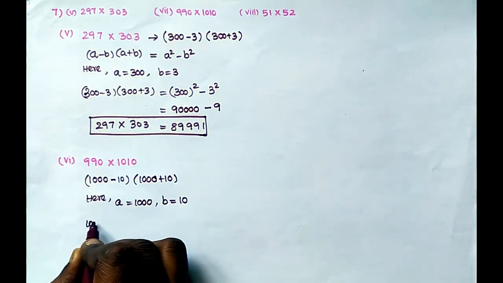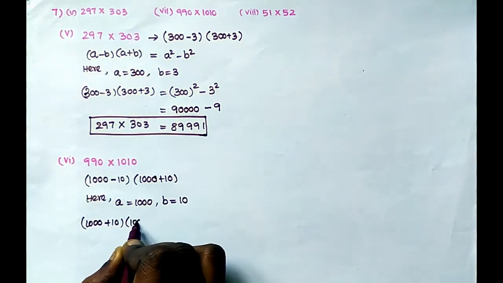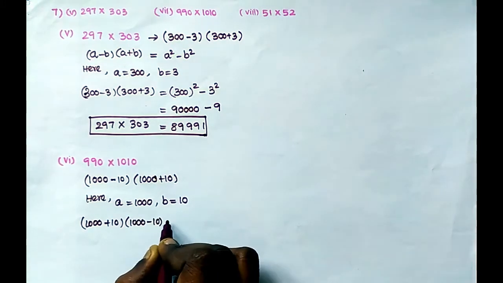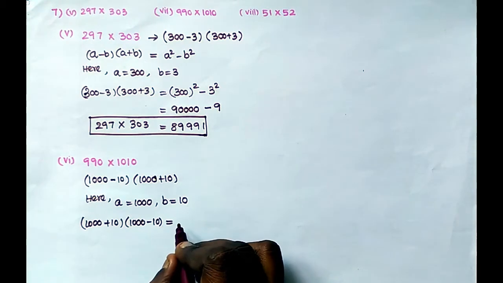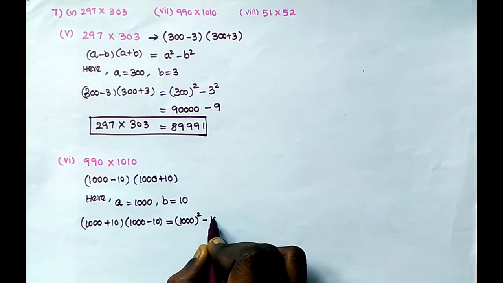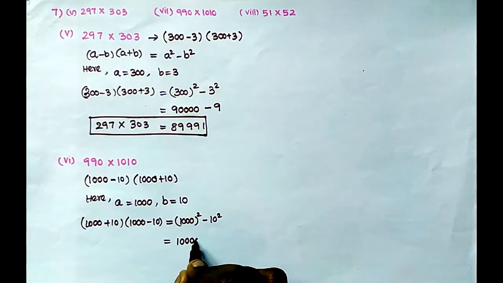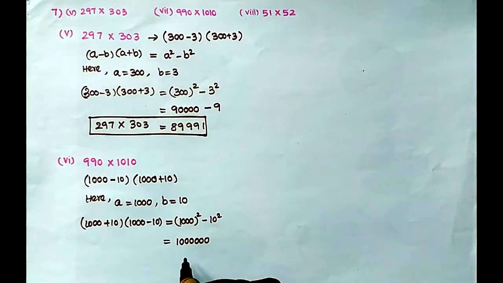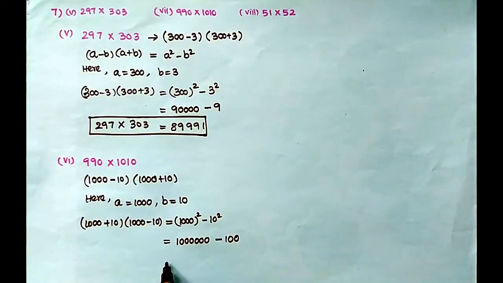Now (1000 plus 10) into (1000 minus 10) is equal to a squared minus b squared, that is 1000 squared minus 10 squared. 1000 squared means we get 10 lakhs, minus 10 squared means 100.